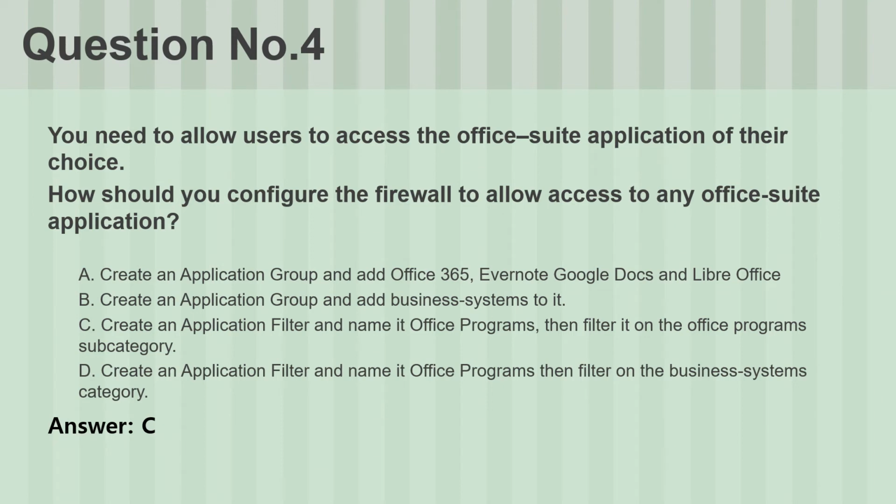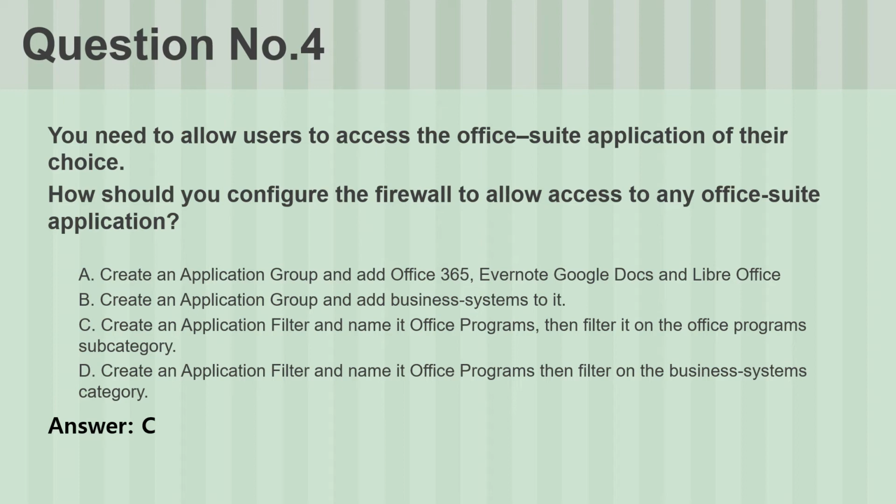Question number 4. You need to allow users to access the Office Suite application of their choice. How should you configure the firewall to allow access to any Office Suite application? A. Create an application group and add Office 365, Evernote, Google Docs and LibreOffice.